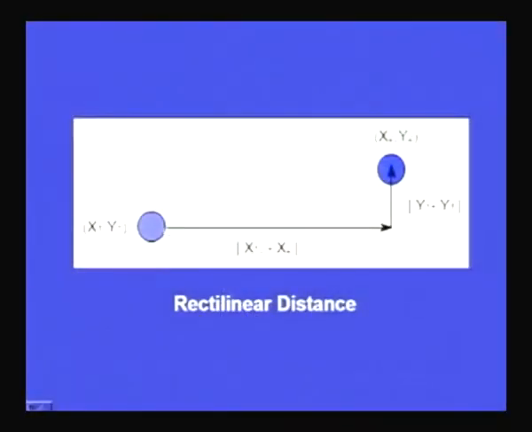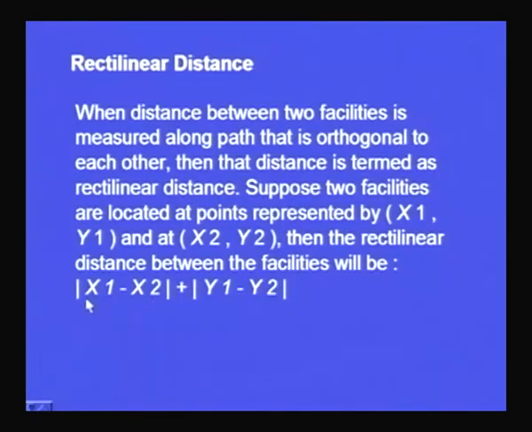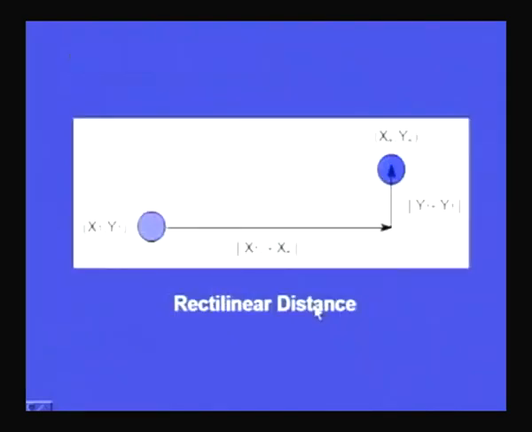This is a point which depicts x1 y1, the first facility, and this is the second location, x2 y2. So, the rectilinear distance is measured by the addition of the absolutes of x1 minus x2 and y1 minus y2. This is what we call the rectilinear distance. You can see that the angle here is 90 degree, or it is orthogonal.